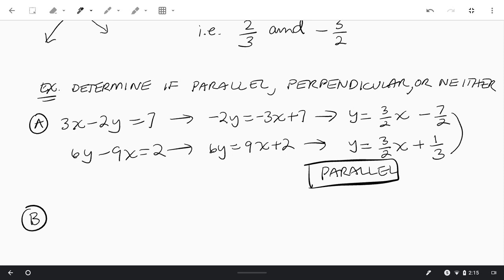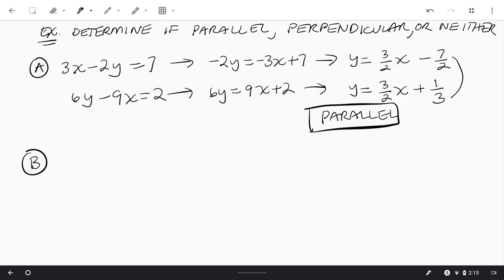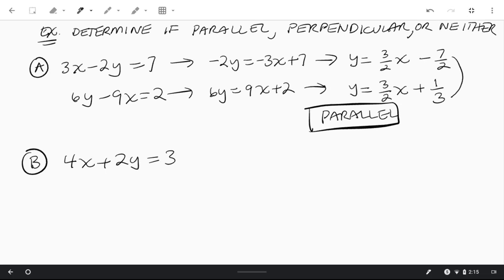Okay, let's take a look at this next one. Let's see if we can figure out whether it's parallel, perpendicular, or neither. All right, so 4x plus 2y equals 3, and 3x plus 6y equals 1.